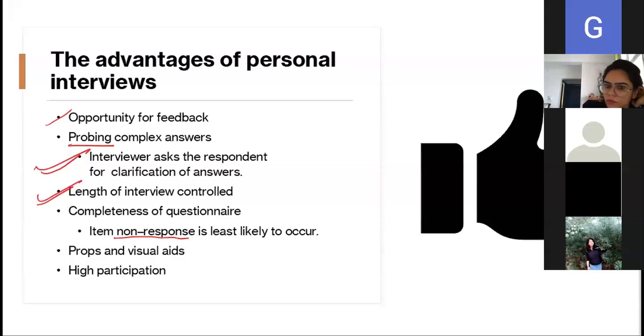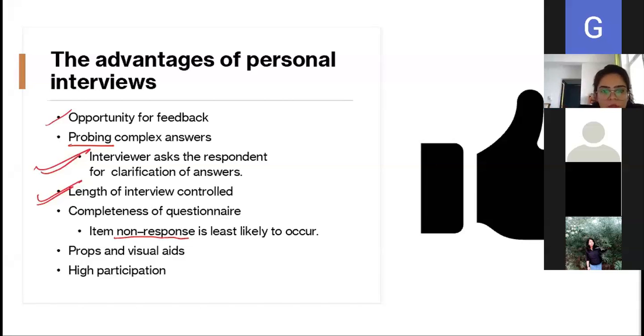Non-response is not just an incomplete question. At the start of the questionnaire we ask, we are conducting this study to find the preferences of consumers like you, would you like to participate? If they say no, that is a non-response. If they are not participating, that's a non-response.